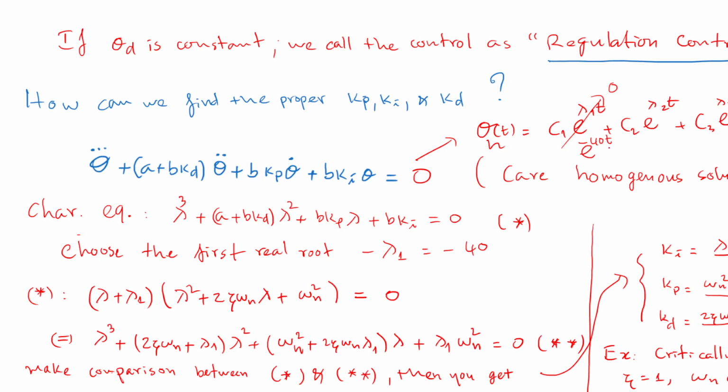Let's say t equal to 0.1 second, then e to the minus 40 times 0.1 is e to the minus 4, so equal to 1 over e to the 4.